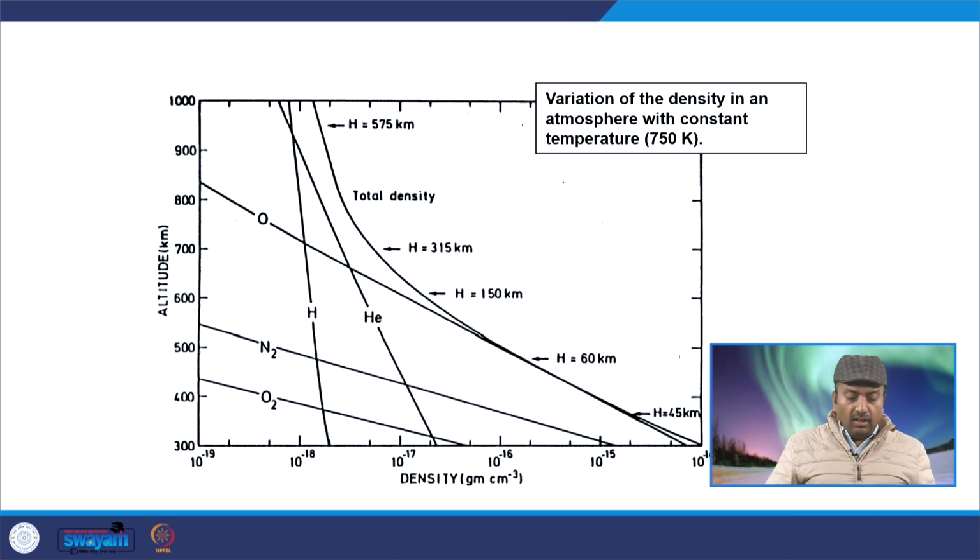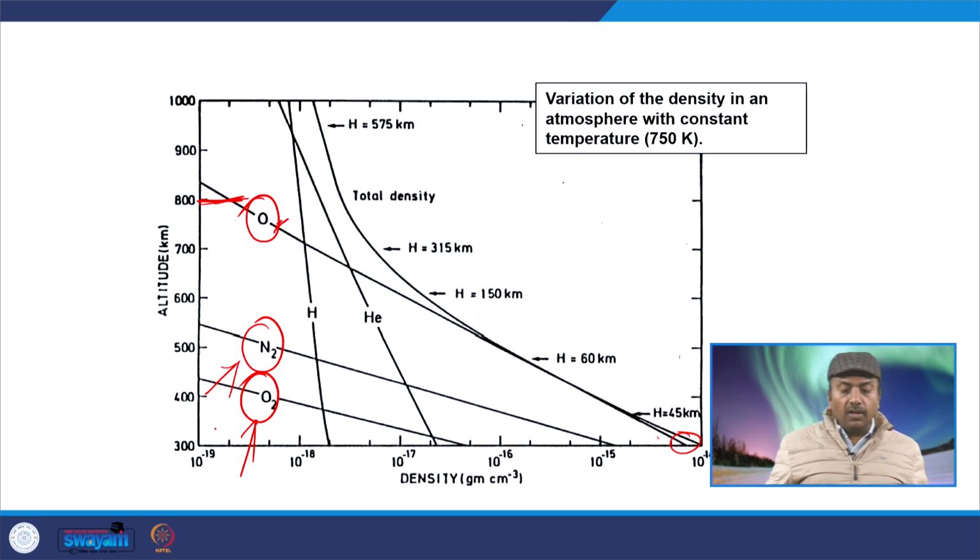And when you look at the variation of various species in the Earth's atmosphere, the most dominant ones are nitrogen and oxygen. You see the oxygen density at, let's say, 800 kilometers. At larger altitudes, even much below that, the atomic oxygen density seems to be larger than the density of molecular oxygen or molecular nitrogen.